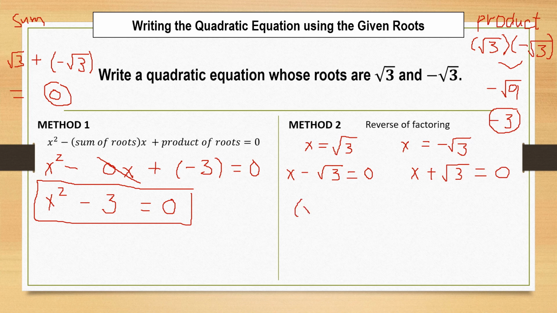So quantity x minus square root of 3 times quantity x plus square root of 3 is equal to 0.